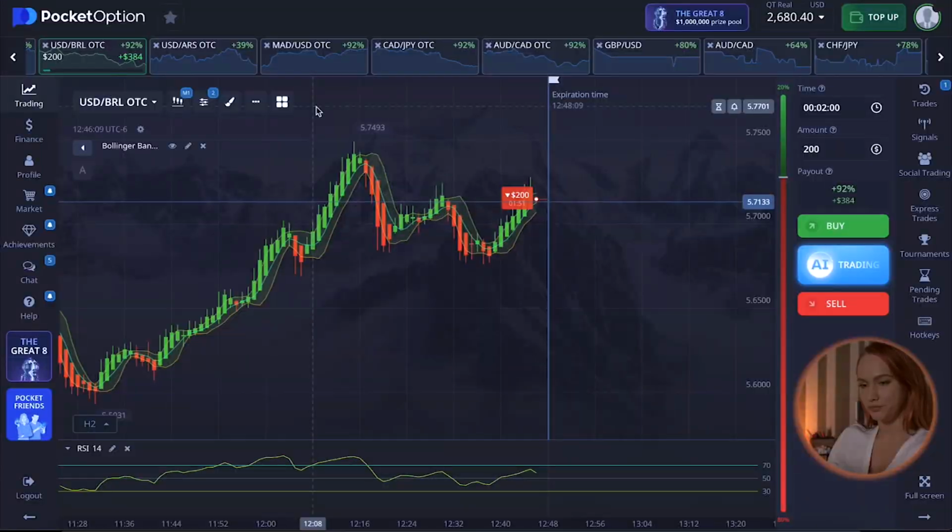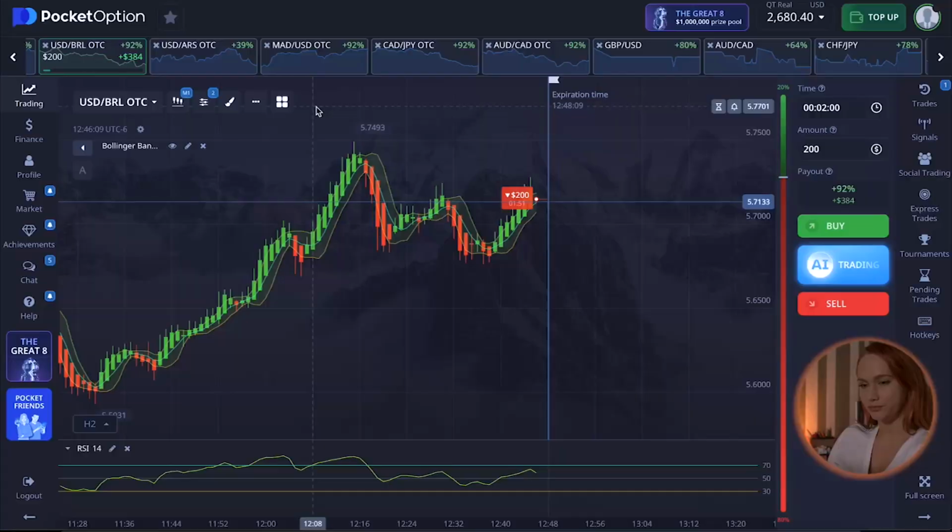Another pair is US dollar, Singapore dollar. We see a breakout of the upper border of Bollinger Bands. Yep, we do not see the RSI crossover on line 70, but there is a very high probability that a reversal will happen now.